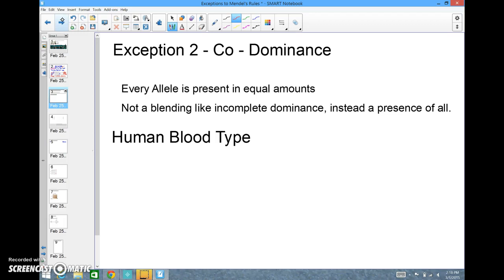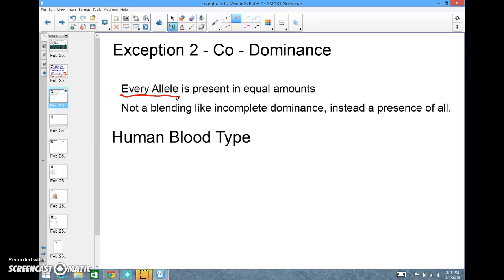Okay, so now we want to get into exception 2, which is known as codominance. Now, codominance is a little bit tricky to explain, so you're going to have to bear with us as we give you an example here. So the first thing that you have to understand about codominance is that it means that every allele is present in equal amounts.